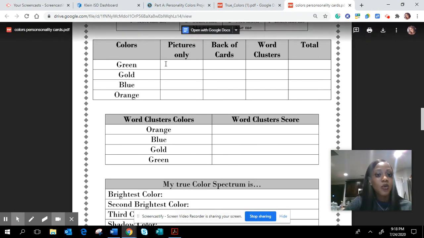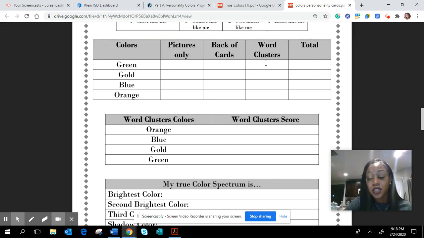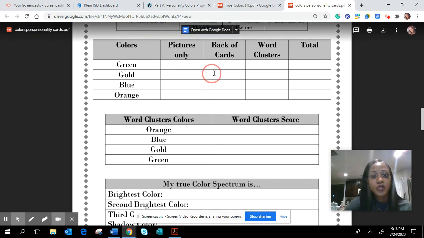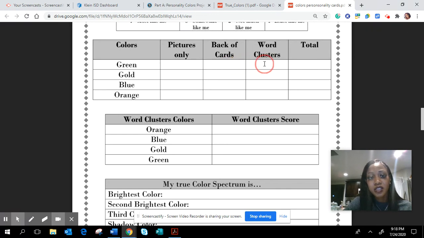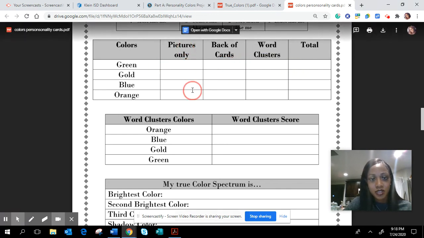You have a number here, a number here, and a larger number here. You are going to add up everything that's in the green row.